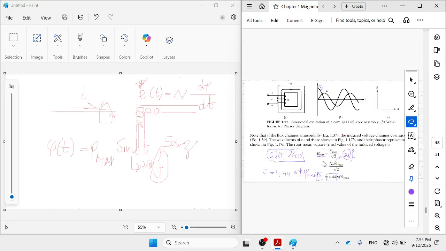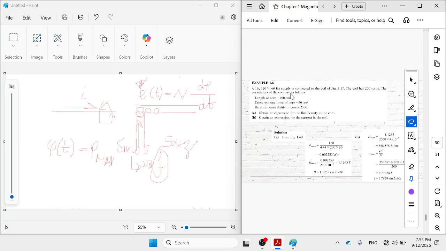I think this voltage is related to Europe. So the voltage is 120 and the frequency is 60 hertz. So you can see 4.44 times N, which is the number of turns, times the frequency. The phi is calculated here, so phi is B times A. Can you remember phi equals B times A? So the A is given here, 20 square centimeters, and then the B is calculated here.